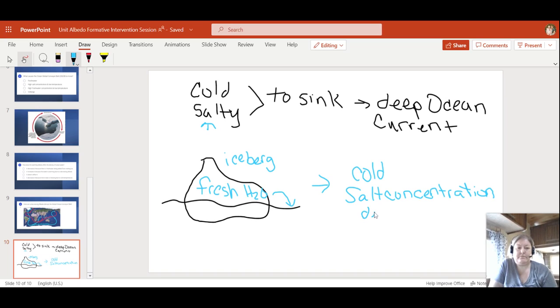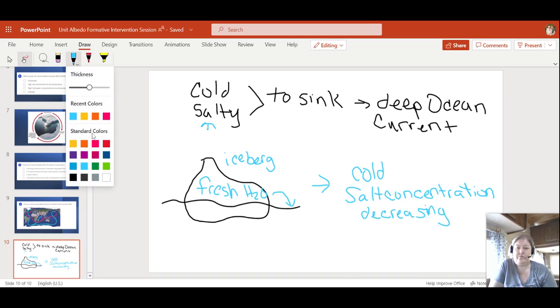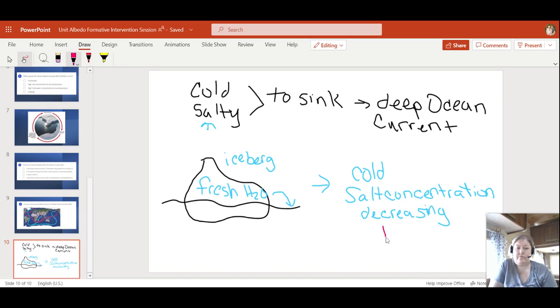And when that happens, the water can't sink, and that stops the conveyor belt from going. So I hope this helps.